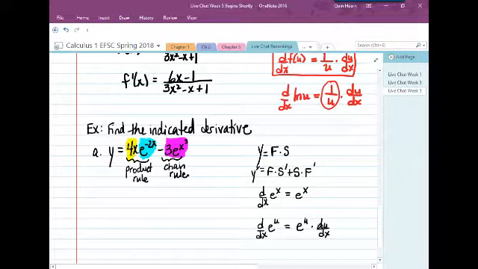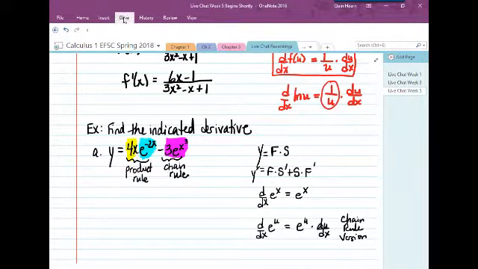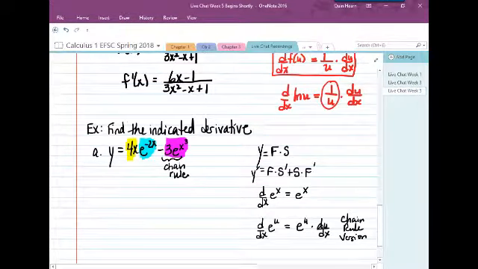So, in other words, this is the chain rule version of the derivative of e to the x. All right, so in our product rule, the first function is the 4x, so this is our f, and the second function is our e to the negative 2x.